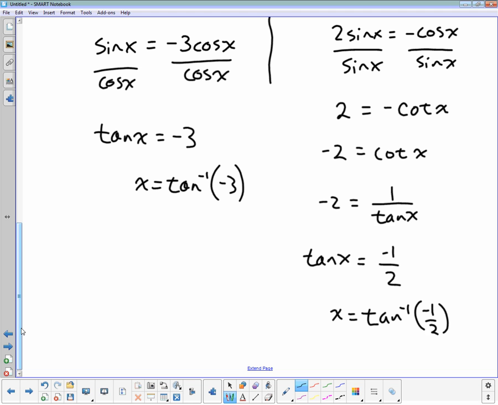Agreed? Yes, I hope. What is the value where the tangent is equal to the square root of 3? Come on, unit circle people. Pi over 3. What is a value where the tangent is equal to the square root of 3?